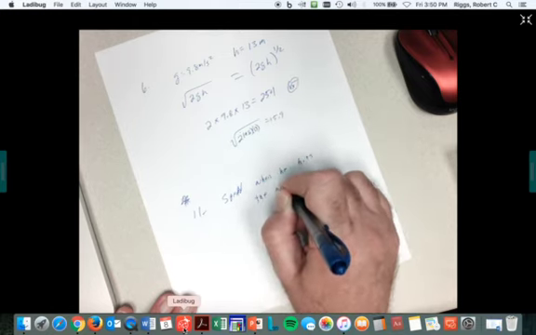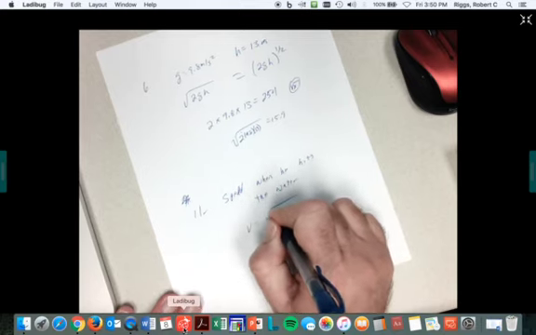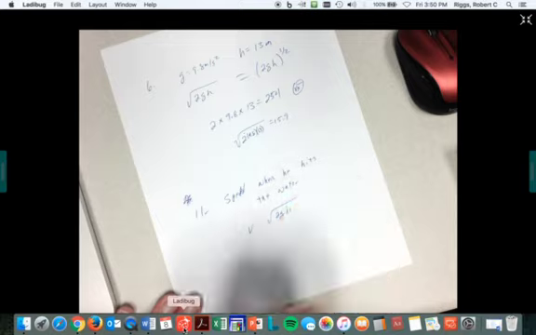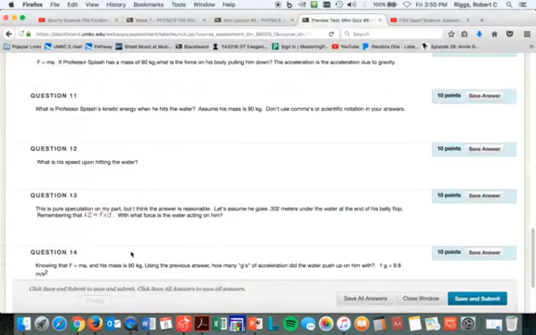The speed when he hits the water is V equals the square root of 2gh, and you calculated the height, what 40 feet was in meters. Then in your problem 12, you're going to calculate his kinetic energy when he hits the water.